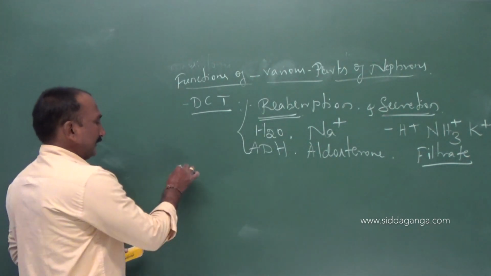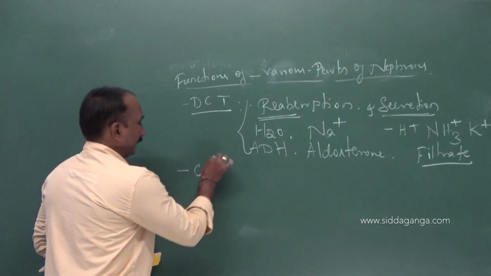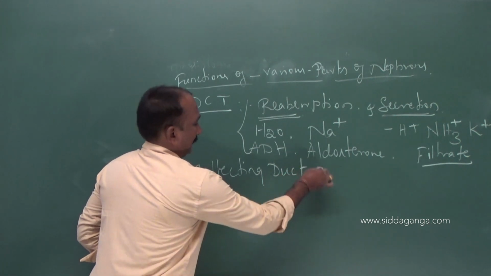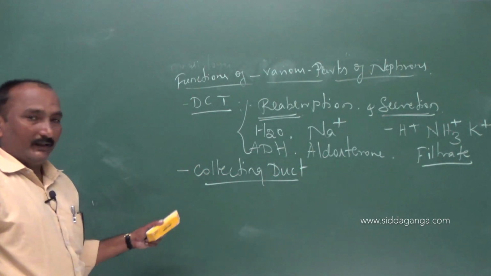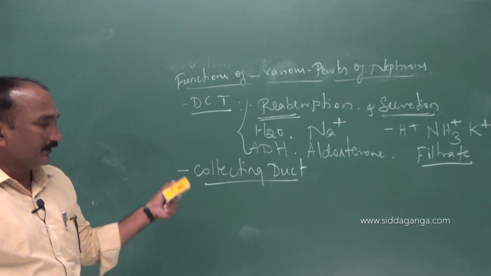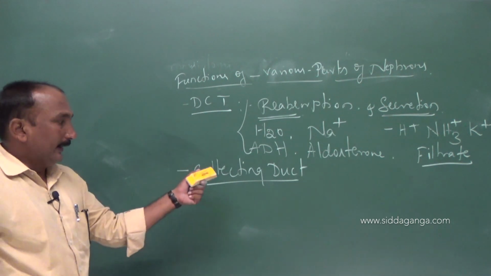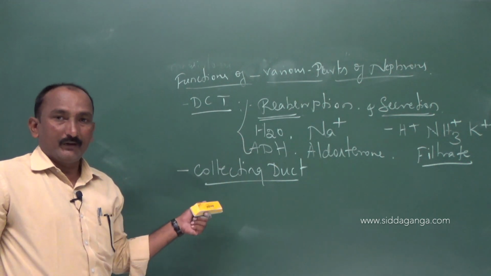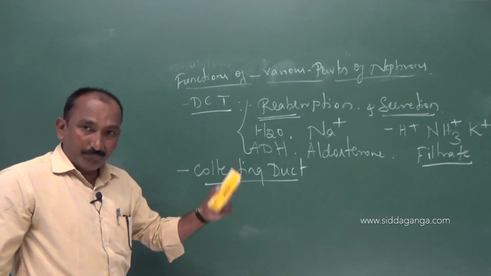Similarly, the last one, the collecting duct. The main function of the collecting duct is to receive the filtrate from several distal convoluted tubules, several nephrons.